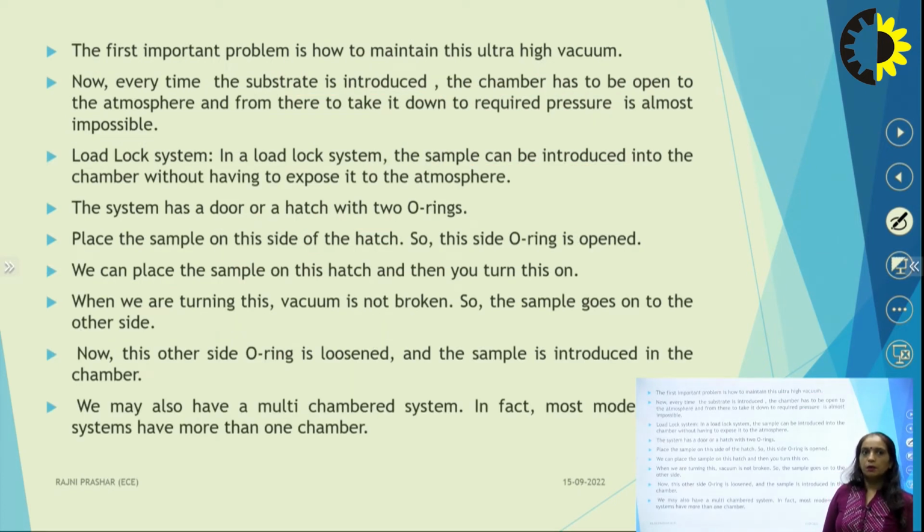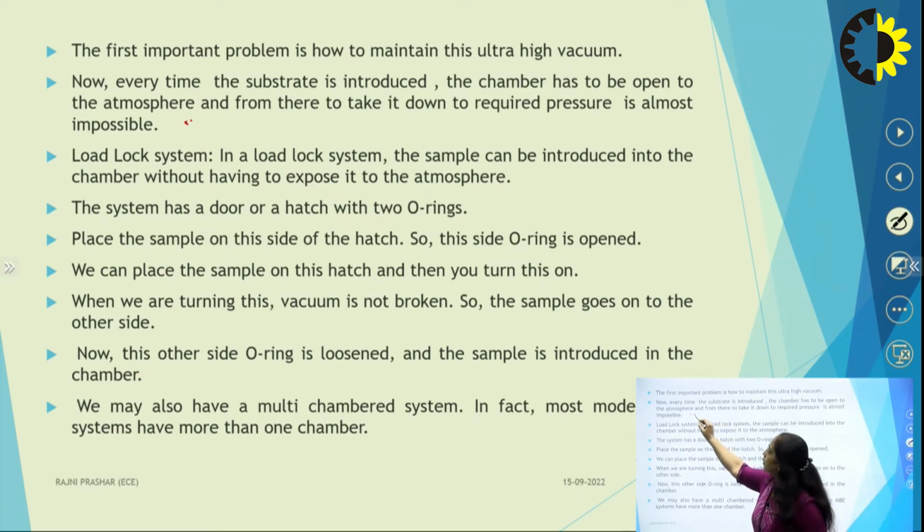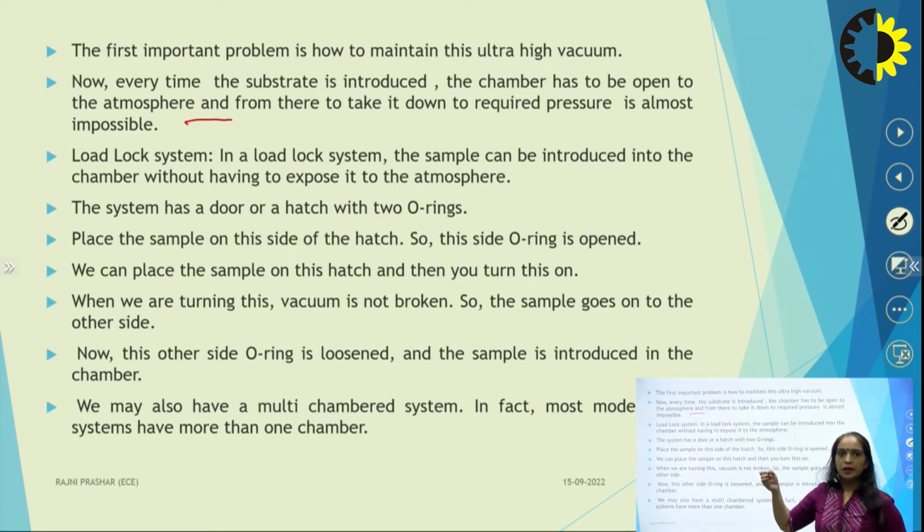So the first problem is how to maintain the ultra high vacuum, because every time you introduce a substrate inside the chamber, it will be opened and exposed to the external atmosphere. If your vacuum is disturbed, it is not possible to maintain the vacuum at the same level.